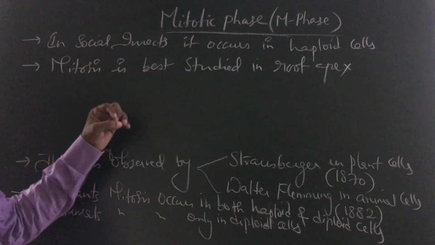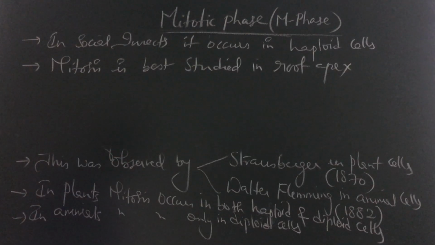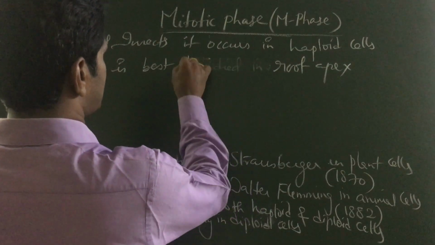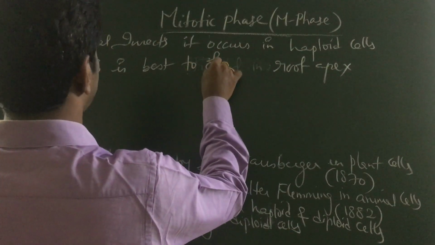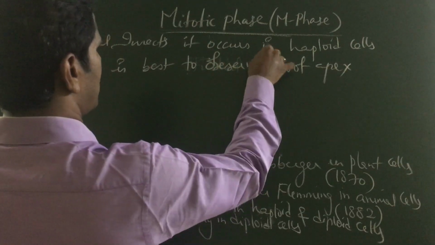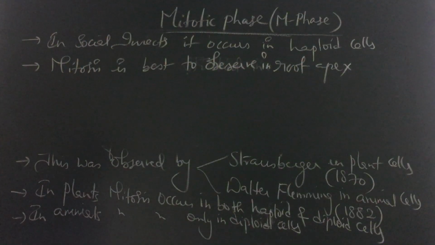Therefore, here you can easily observe mitosis. It is best to observe mitosis in the root apex. You can write like this.